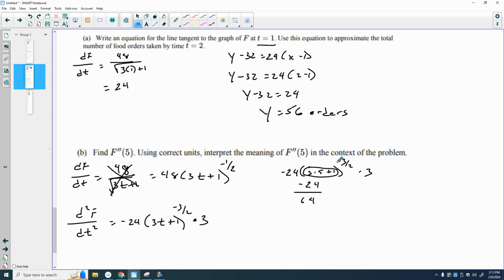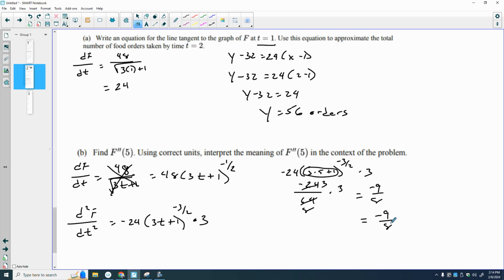It means 1 over. So this becomes 1 over 64 times 3. Do a bunch of reducing. 8 goes into this 3 times. 8 goes into this 8 times. 3 times 3 is 9. 8 times 1 is 8. And my rate is negative 9 over 8, or negative 1 1/8.